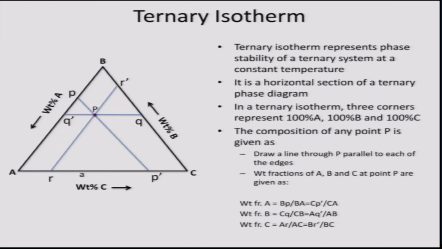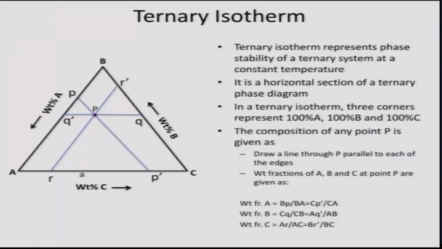As the name suggests, a ternary isotherm is nothing but an isothermal section of a ternary phase diagram, and since a ternary phase diagram is a triangular prism, an isothermal section should be an equilateral triangle, and I have shown one such triangle here, ABC. Now, how to read the composition of a point inside a Gibbs triangle?